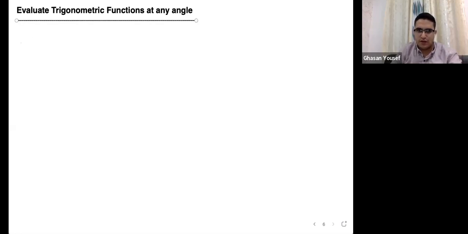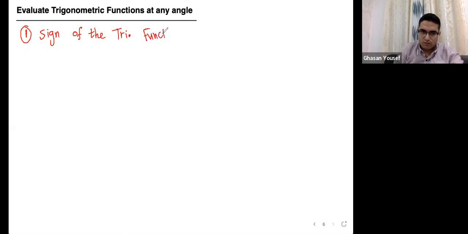So the first one, you should know the sign of the trigonometric functions, I mean whether it is positive or negative. Second step, you have to find the reference angle.